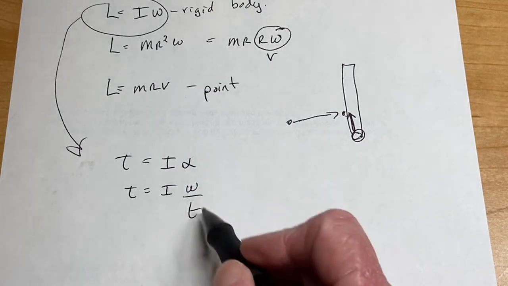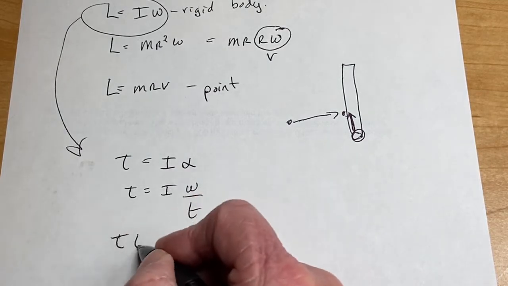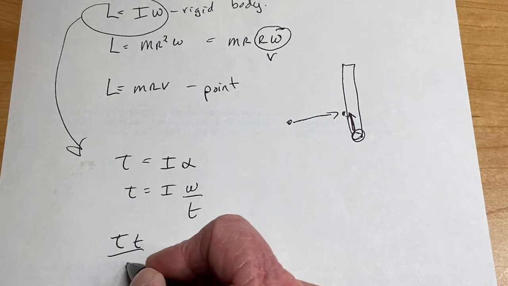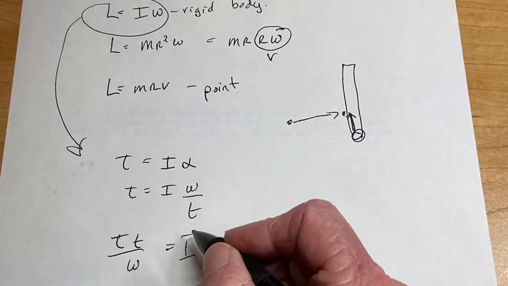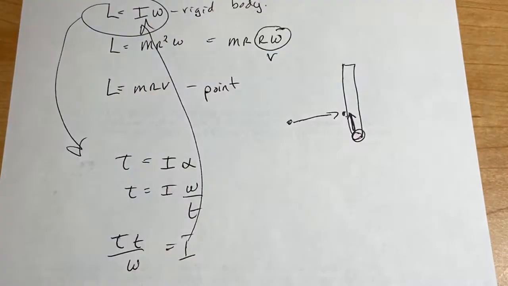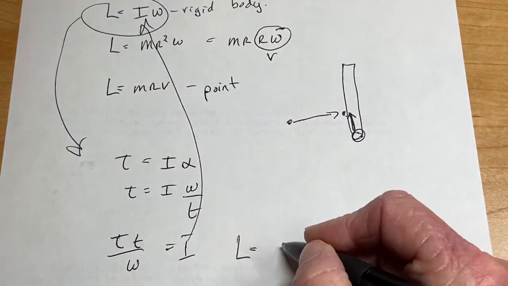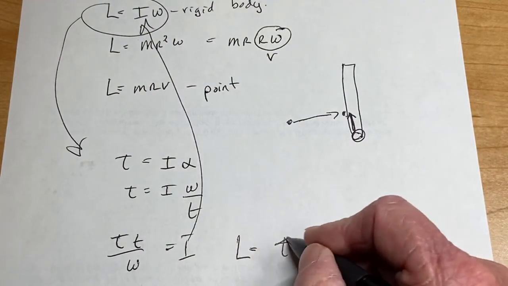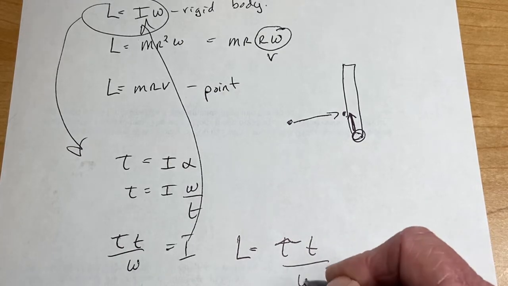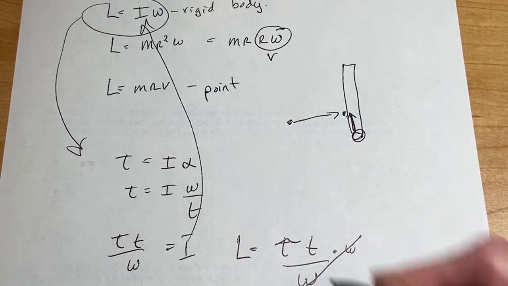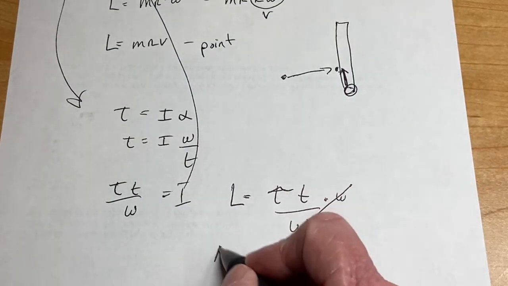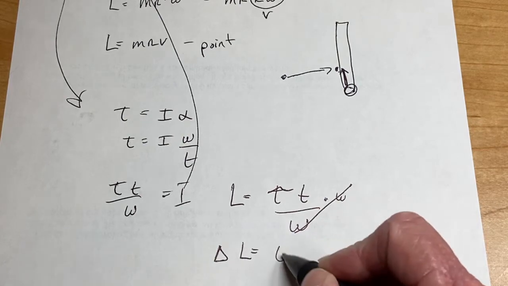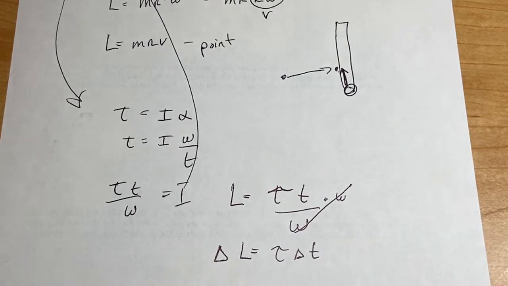If I solve for I, I'm going to have torque times time divided by omega equals I. Now, if I substitute that in here, L is going to be torque times time over omega times omega. So you see a second derivation for angular momentum. And generally it's listed as the change in the momentum is the torque times the change in time.